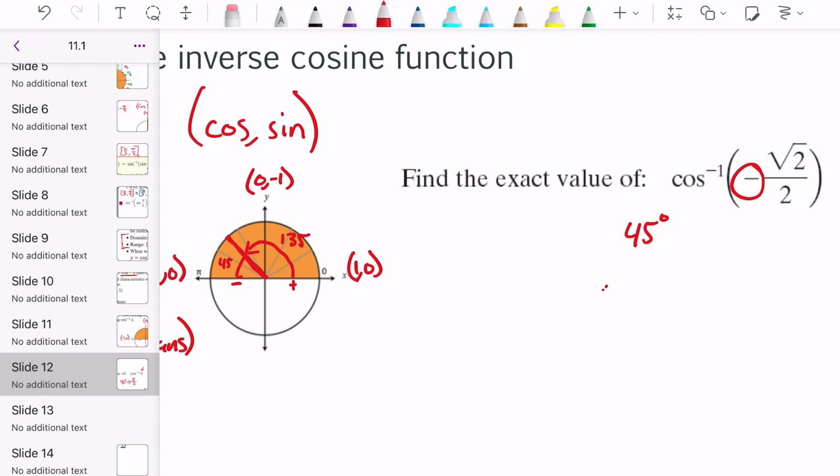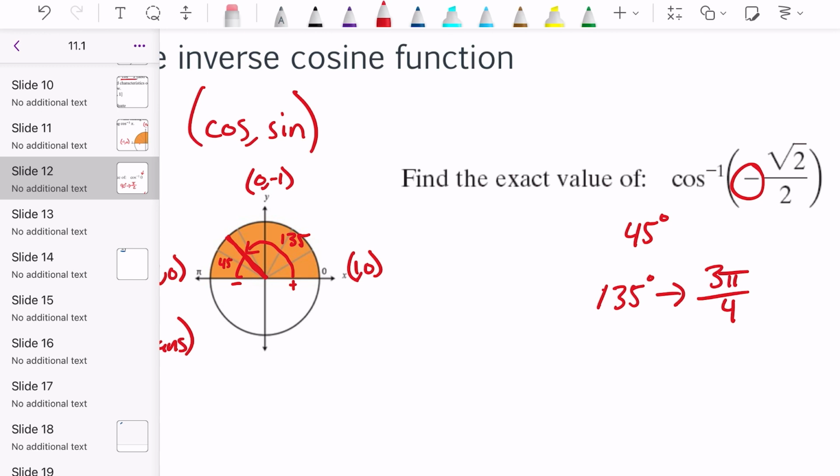As we're looking at our 135, we would then have to go ahead and find the angle in radians, which would give us 3 pi over 4. Remember, everything must be done in radians, and you will have to find that proper answer in radians.